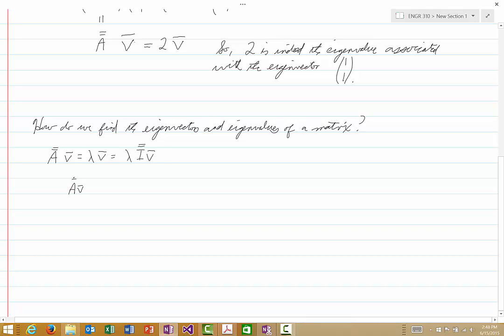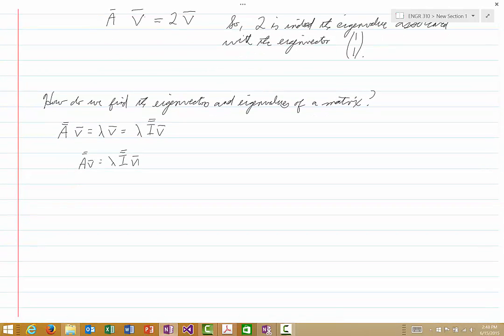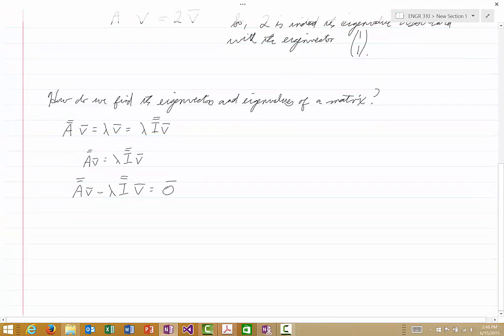Now, if we take all of that to one side of the equation, we get Av minus lambda Iv is equal to the 0 vector.